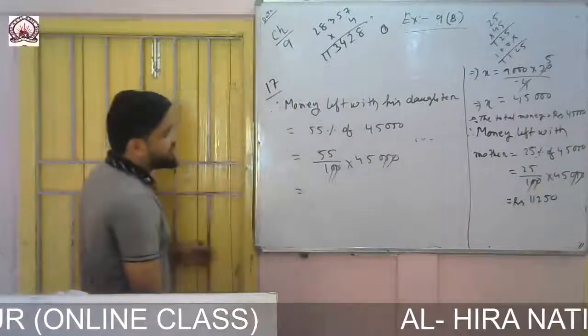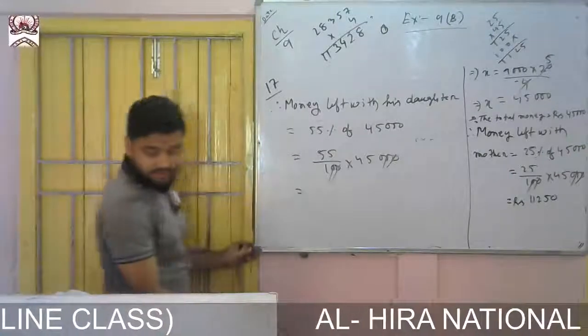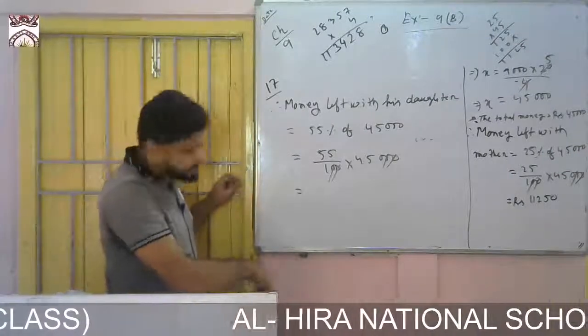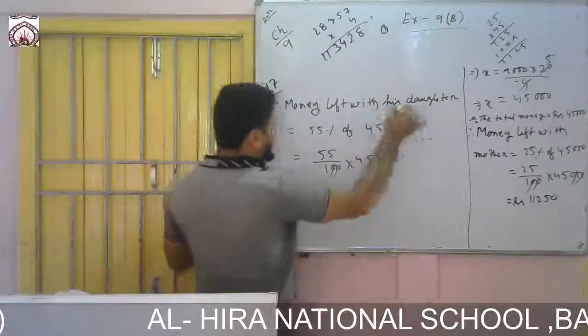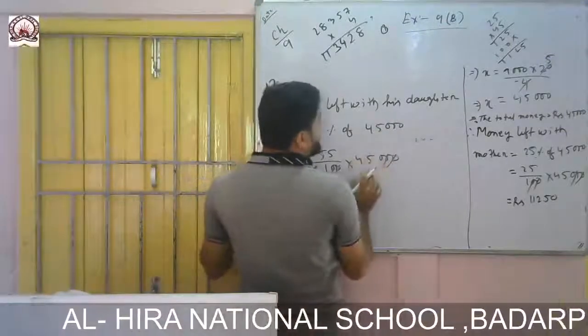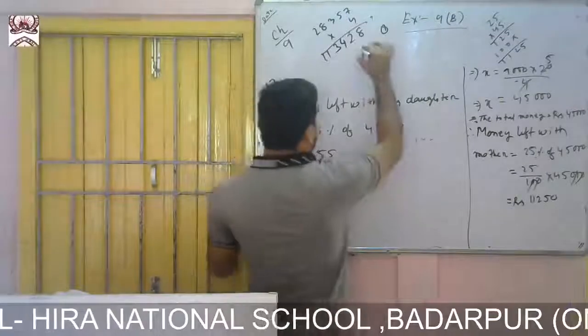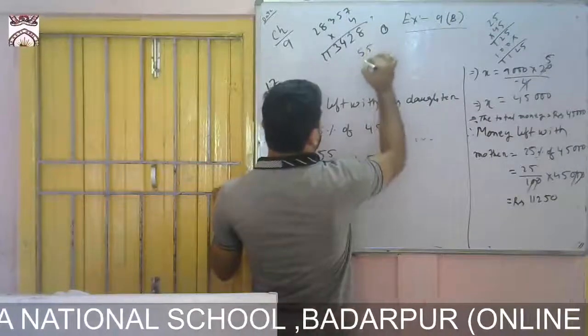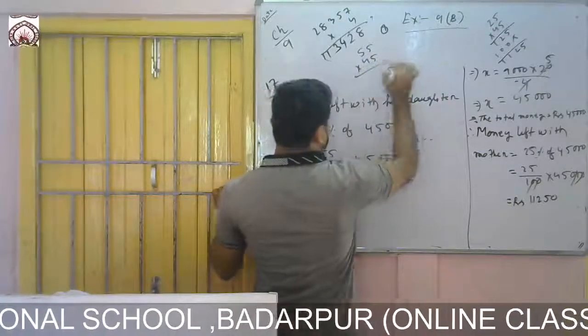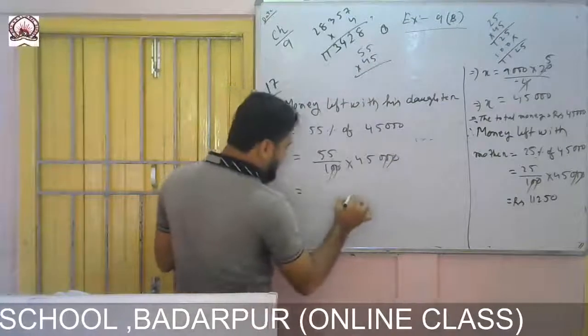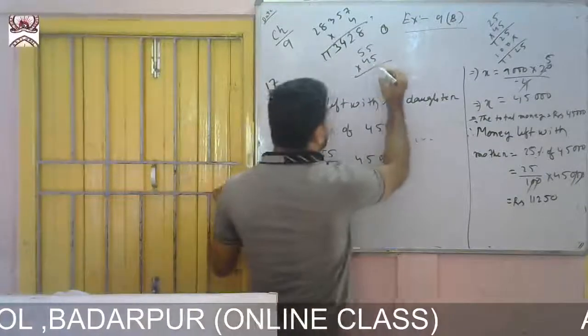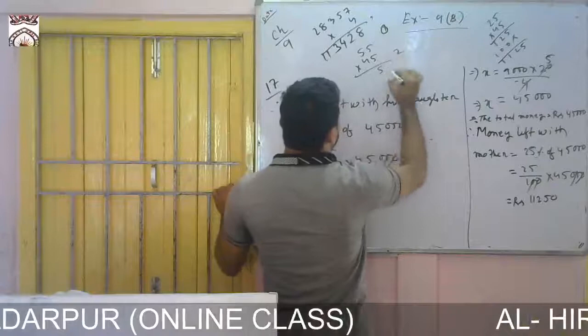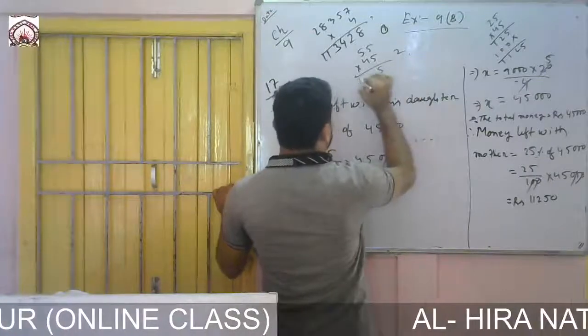Now 55. Earlier you did 45, now 55. 45 into 55. Keep 0 now, okay? 5 5s are 25, carry 2, 5 5s are 25, 26, 27.